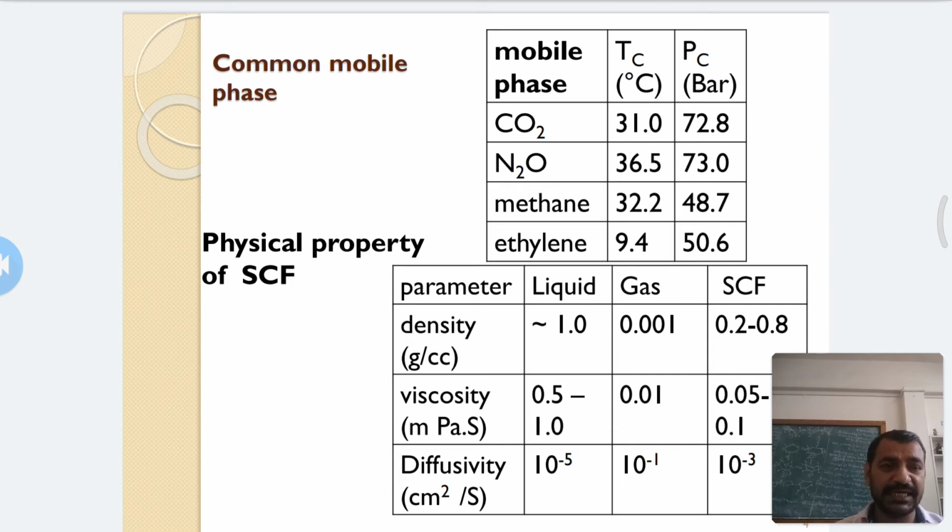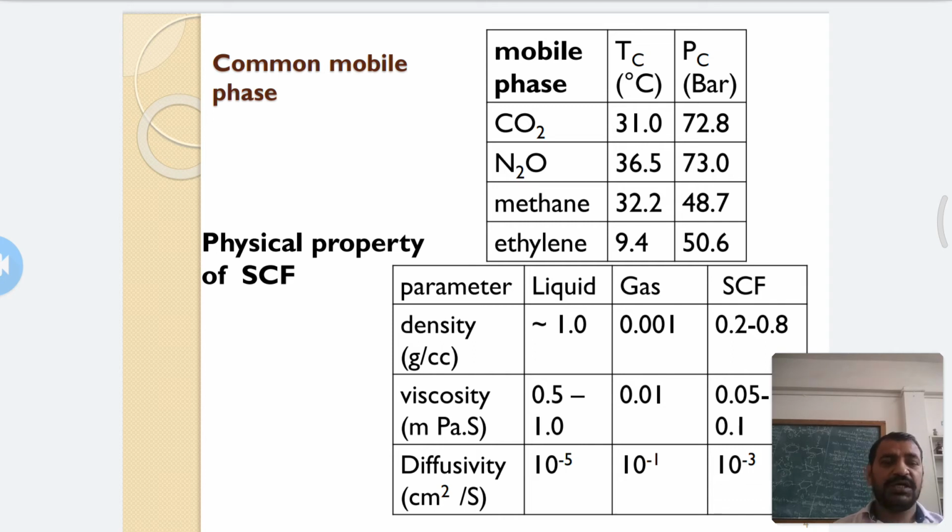Methane has a critical temperature of 32.2 and a critical pressure of 48.7. Ethane acts as a supercritical fluid at a critical temperature of about 9.4 and a critical pressure of 50.6.